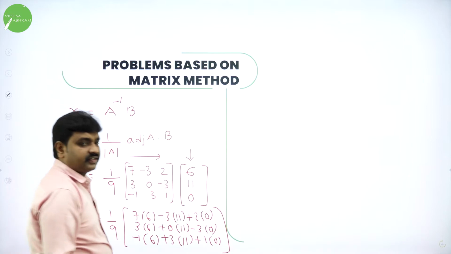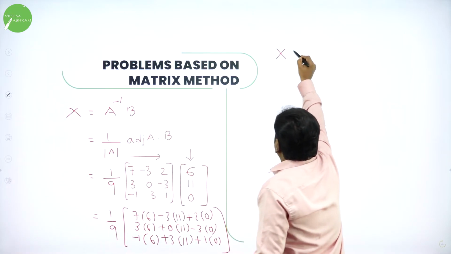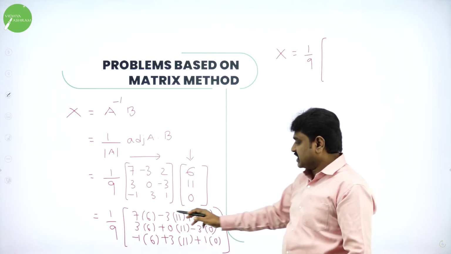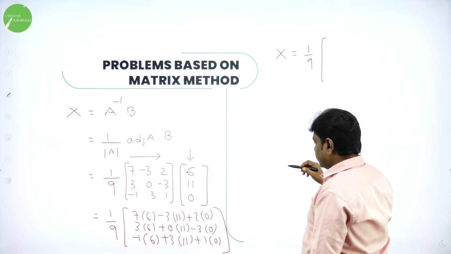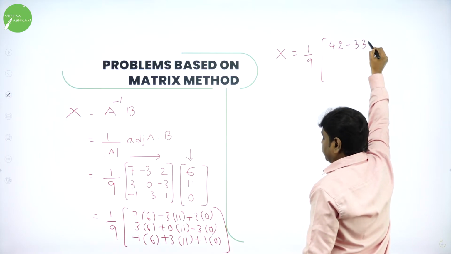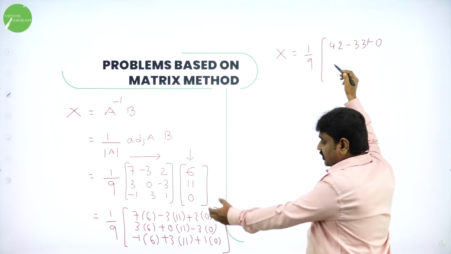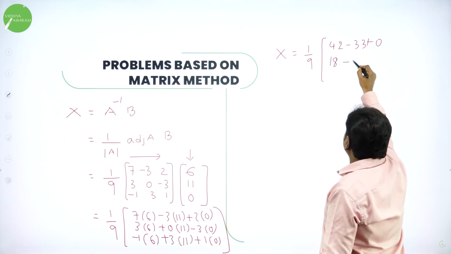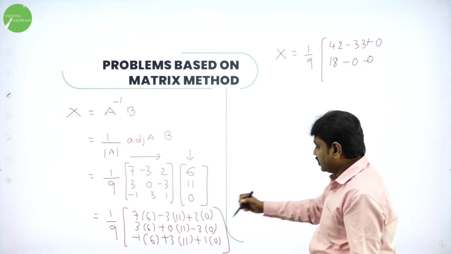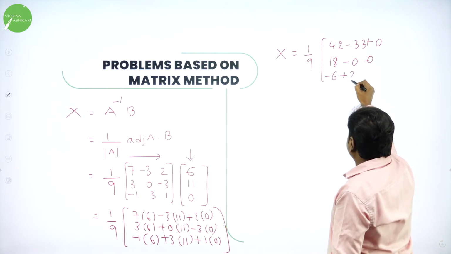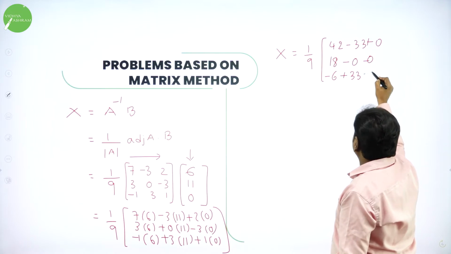Now simplify this. X is equal to 1 by 9 into, you will get a column matrix: 7 into 6 is 42, minus 33, plus 0. Then 3 into 6 is 18, 0 minus 0. Then minus 6, plus 33, 0.